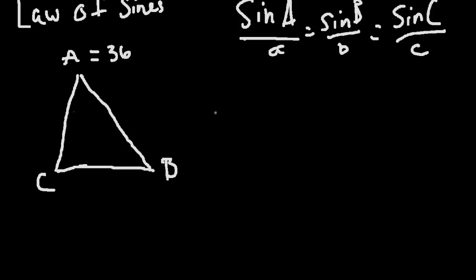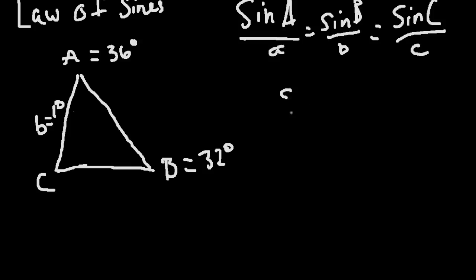I'm not going to put it inside this triangle because it's awfully small. And this angle seems a little smaller, so let's say it's 32 degrees. And we have side B equaling 10.